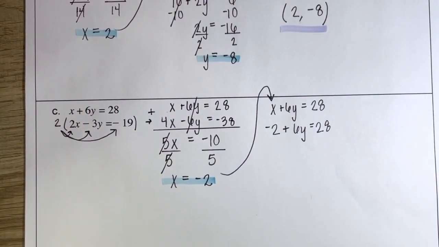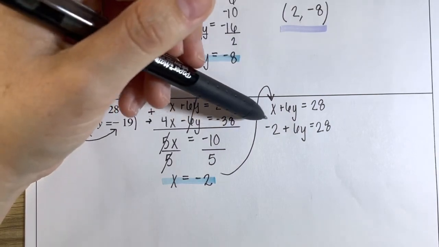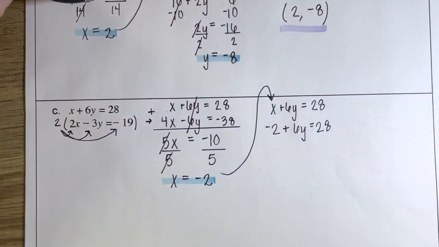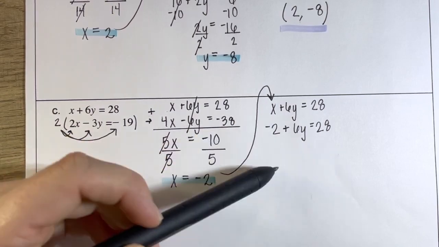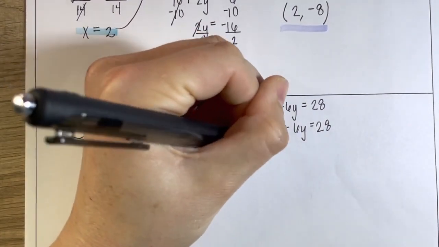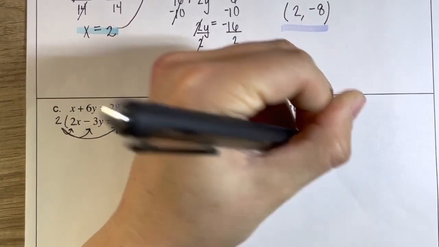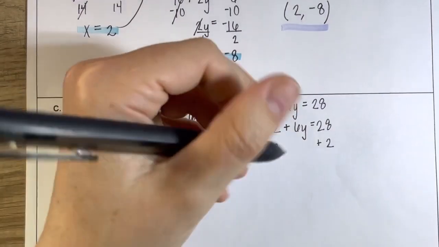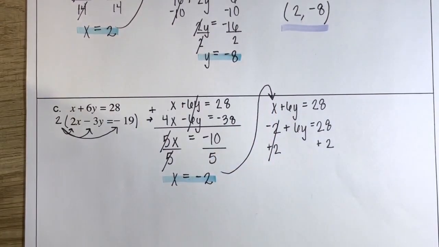So now I want to solve for y. I got to undo the things that are being done to it. So I have a negative 2 that's being added and a 6 that's being multiplied. So I can cancel out this negative 2 by adding 2 to both sides. Negative 2 plus 2 is 0, so that cancels out.